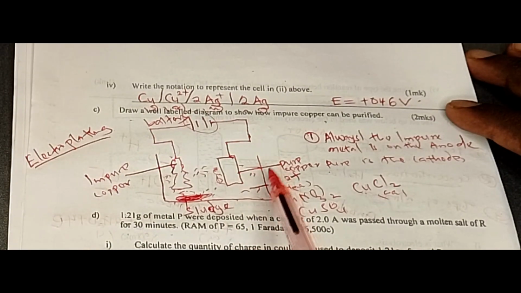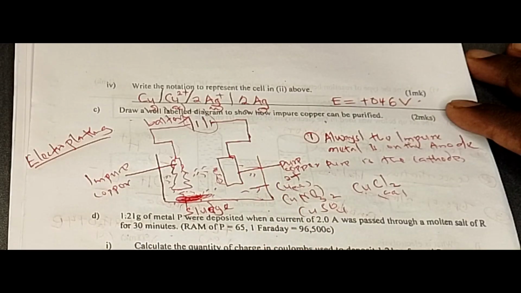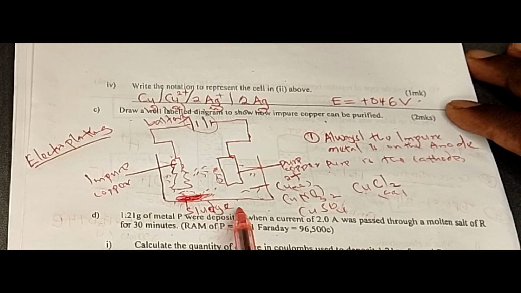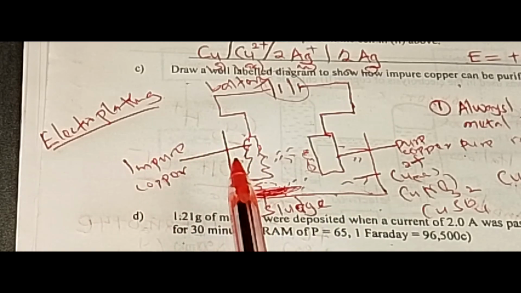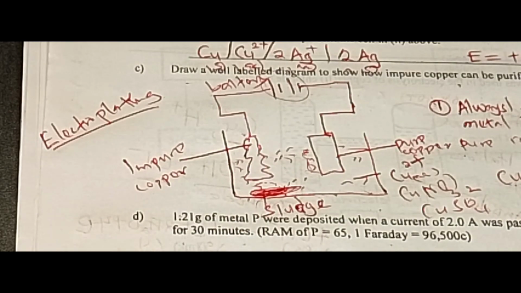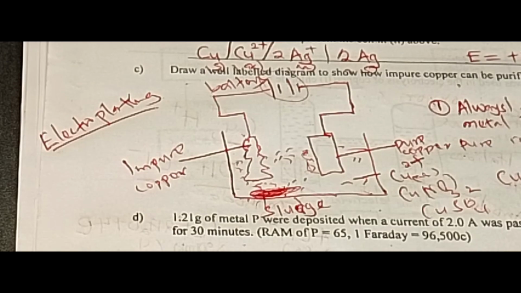The metal to be electroplated is always on the cathode, and the metal used in electroplating should be on the anode. I don't know if we are understanding each other. So in electroplating, the metal to be electroplated should be on the cathode.